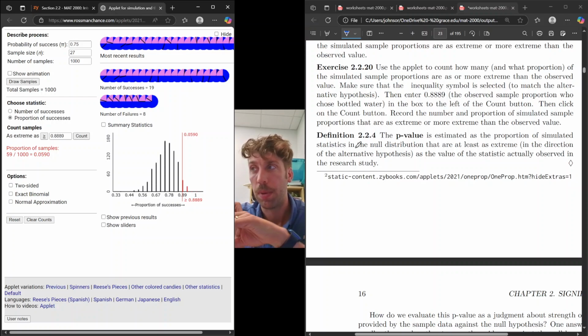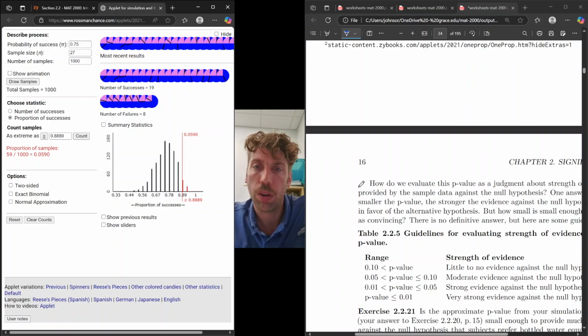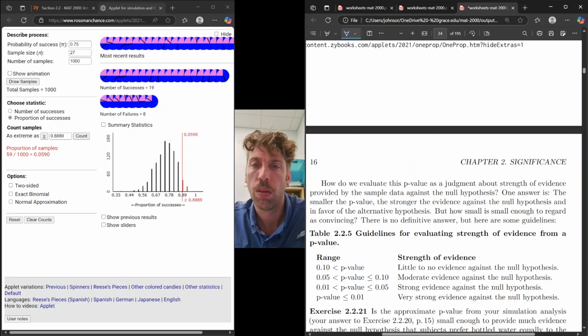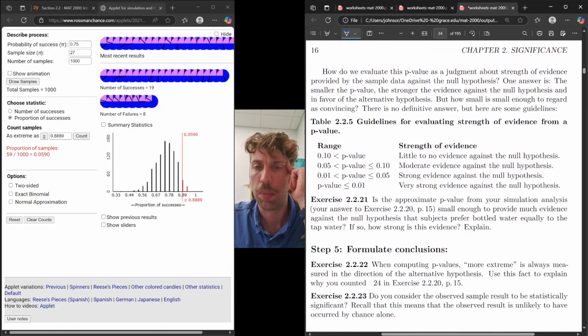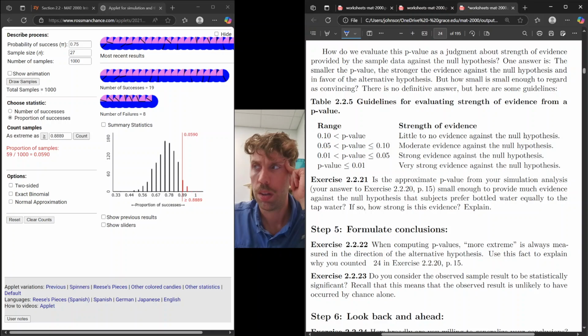So the p-value is measuring how weird our statistic is, okay? When it's really small, it's saying our statistic is unlikely, so it's weird. If it's not small, then it's not weird, okay? So here we have a little table that's a good starting point for p-values.